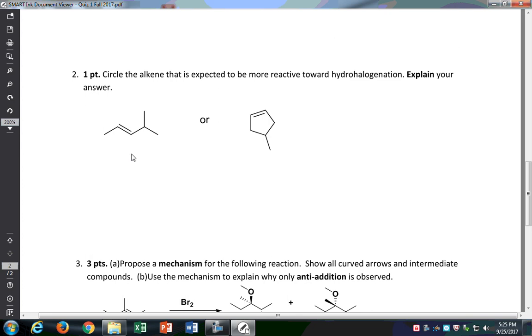We can predict our activation energy based on what? The difference between, when we're looking at our reaction coordinate diagram, what are we comparing? So our starting material, our product. We're looking at our activation energy.